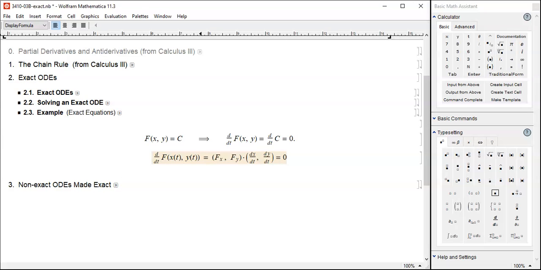And that had better be 0 because we know the right hand side will vanish because the derivative of a constant is 0. Does it make sense?